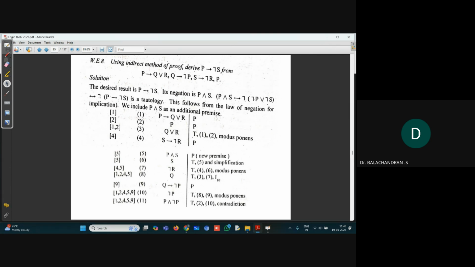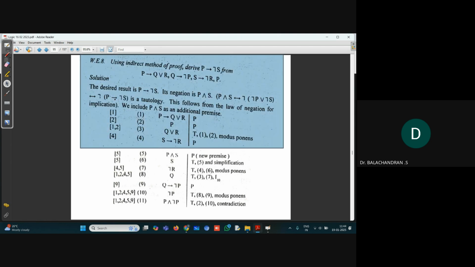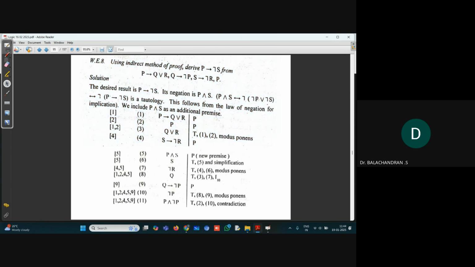So the negation of ¬P ∨ ¬S is what? P and S. So that's why the negation of P → ¬S is P and S. But they are writing in this way, though we don't know the fact here. We are telling its negation is P and S. Initially, we don't know. So that's why we should start from the negation of the conclusion, P → ¬S, and then move from here to here.